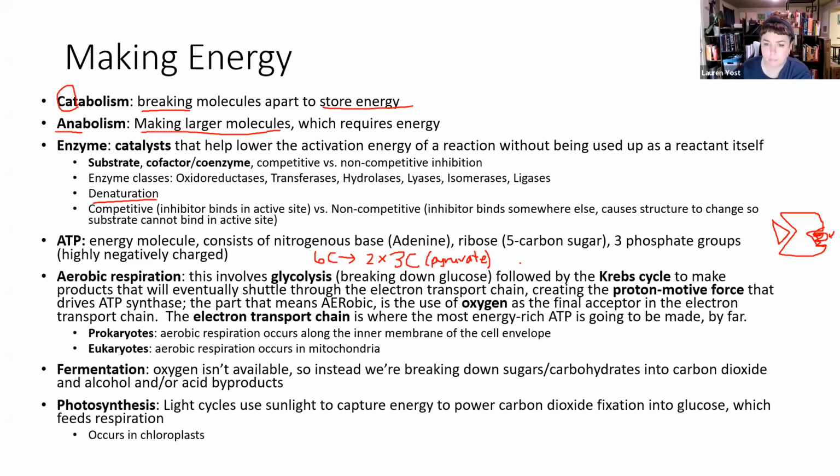Cool, okay. So pyruvate is going to get turned into another 3-carbon molecule called acetyl-CoA. And then it's going to go into the Krebs cycle. It's also known as the citric acid cycle because one of the intermediates is citric acid, okay?